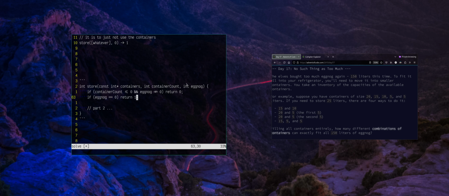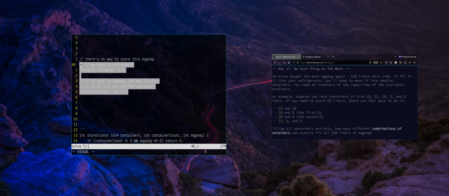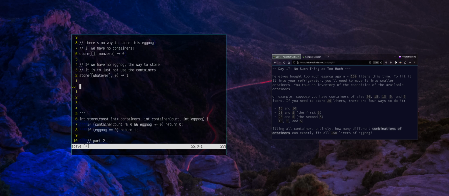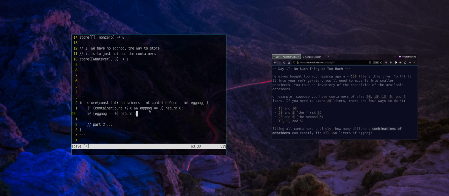That's a bit of a side thing. Basically, these two lines are doing these checks. If we don't have any containers, but we do have some eggnog we need to store, then we can't solve this. And if we have no eggnog that we need to store, then we do have a valid solution.